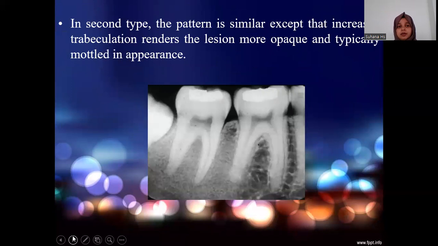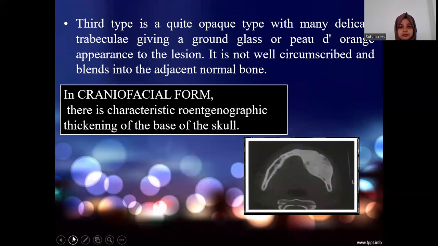In the second type, there is an increase in the amount of trabeculation, which leads to a more mixed appearance, that is a mixture of radiolucency as well as radio-opacity, giving a mottled appearance. The third type is a ground glass or orange peel appearance. Here there is a mixture of both.